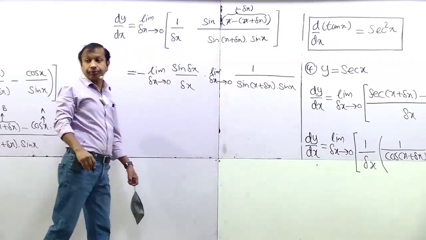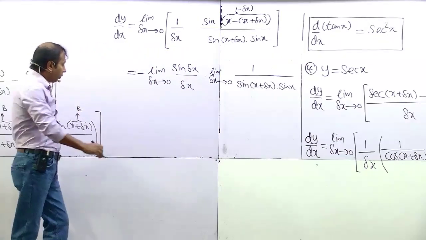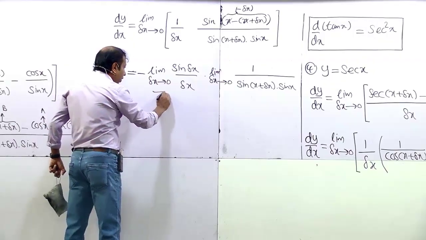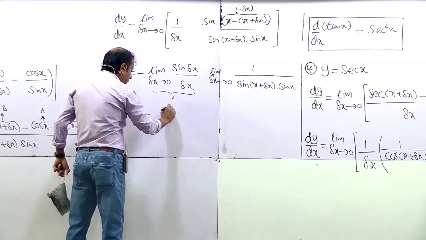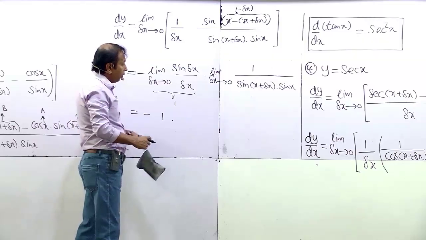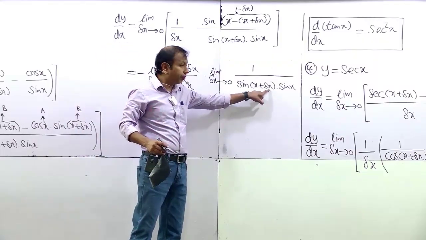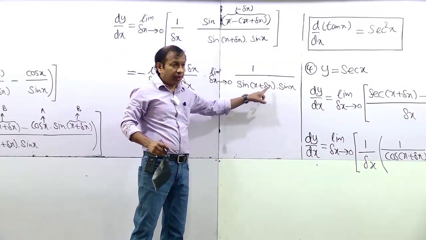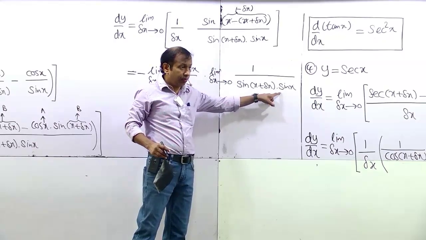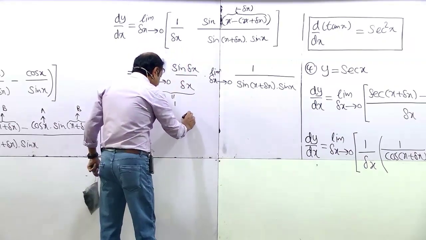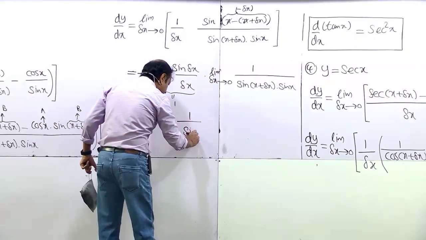This way. Now, here minus this is 1. Once you put delta x 0 here, we get sin x and here sin x, sin squared x. No? Yes. 1 over sin squared x.